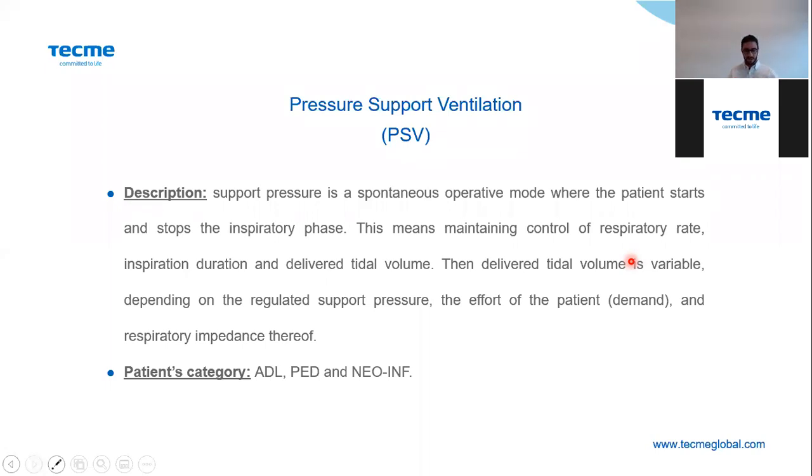The ventilator will only support the patient when an inspiratory effort starts. Because it's a spontaneous ventilatory mode, you always have to set the apnea time. This ventilatory mode is available in adult, pediatric, and neo patient categories.